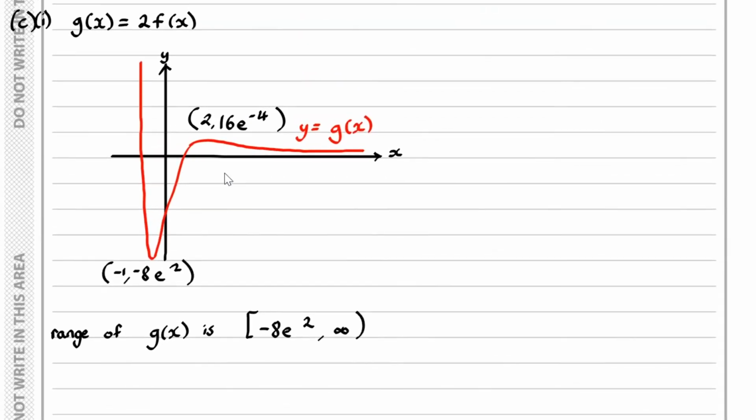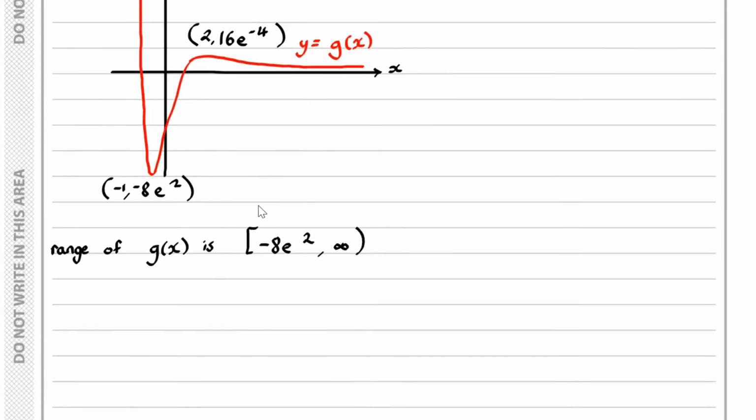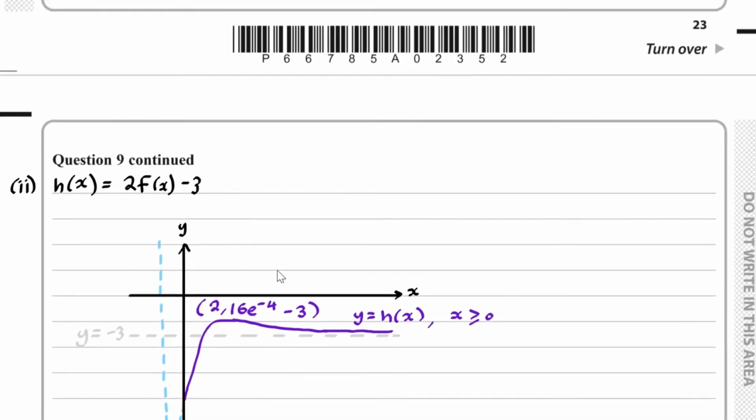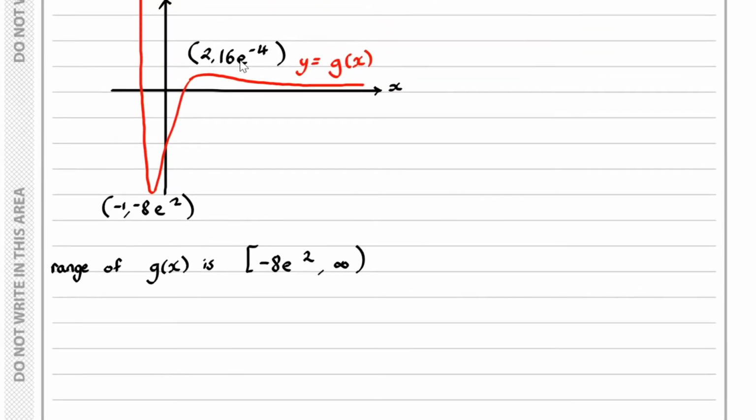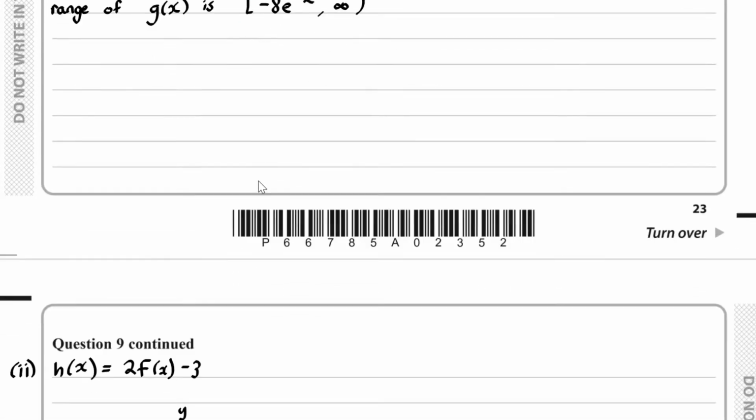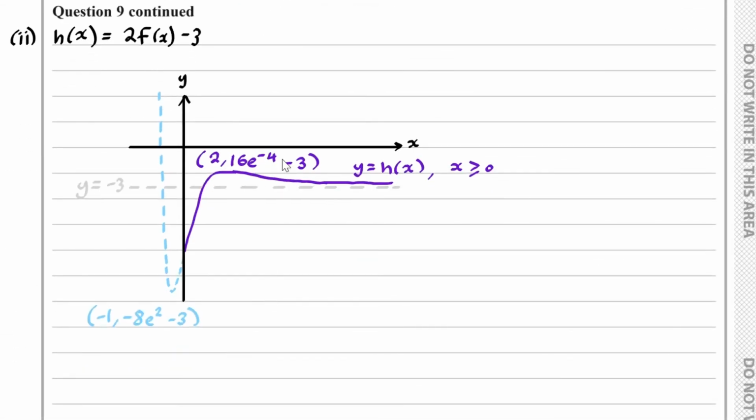We subtract off 3 units from the y coordinate of this stationary point over here. So this time we're below the x-axis, so you can work that out on your calculator. This value is close to 1, so when we subtract off 3, we get a value over here which is around 2.